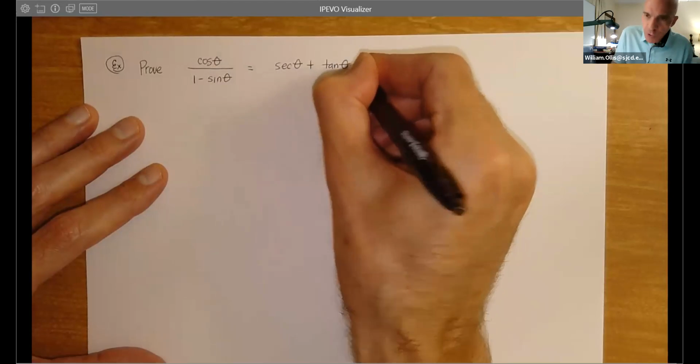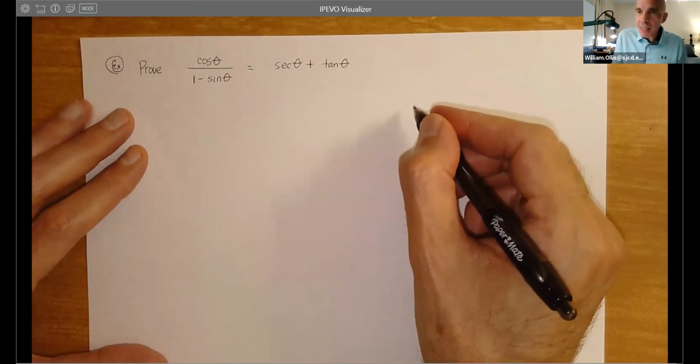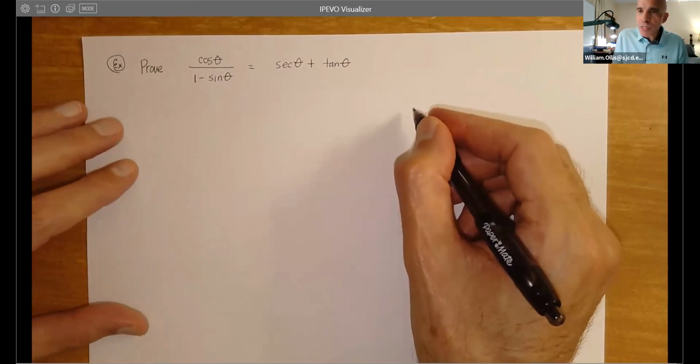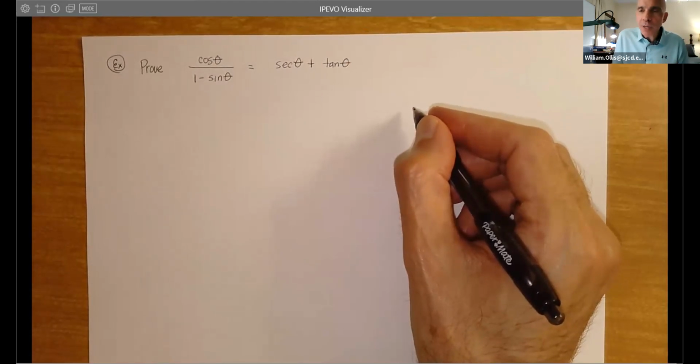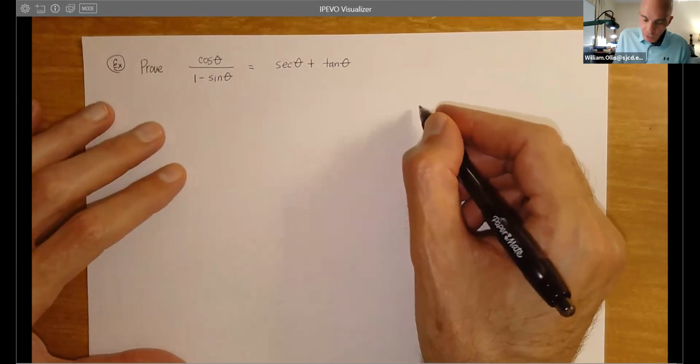So remember the difference of squares, the Pythagorean identities, you know, 1 plus tangent squared equals secant squared. All of those are very important and they come up all the time. So never be afraid of using those.